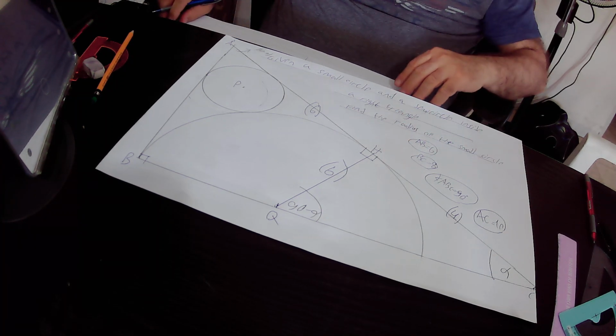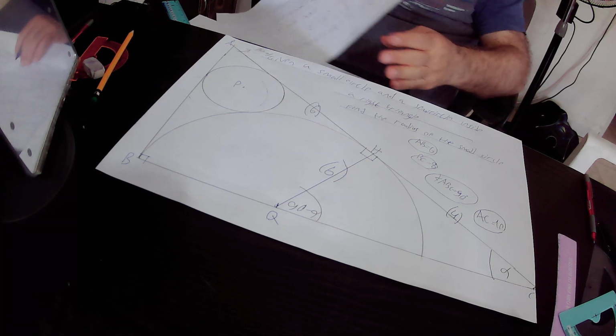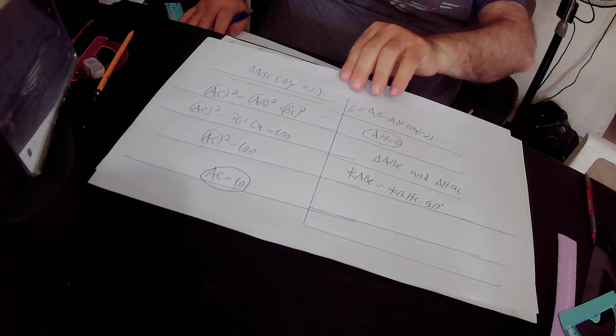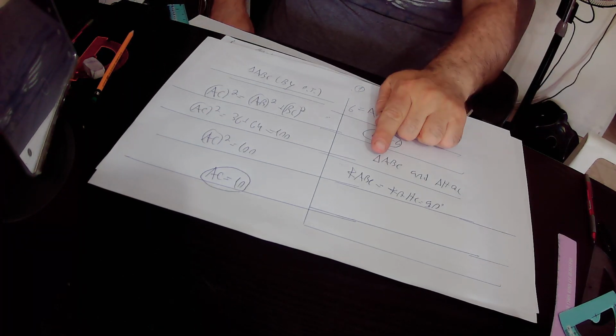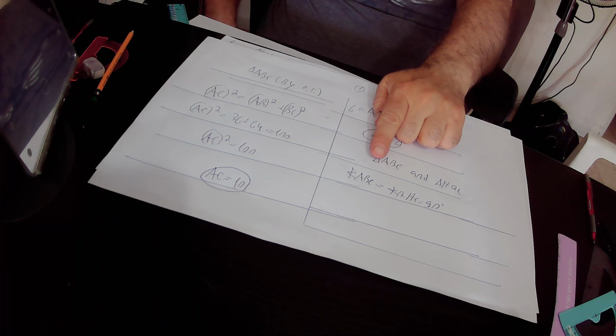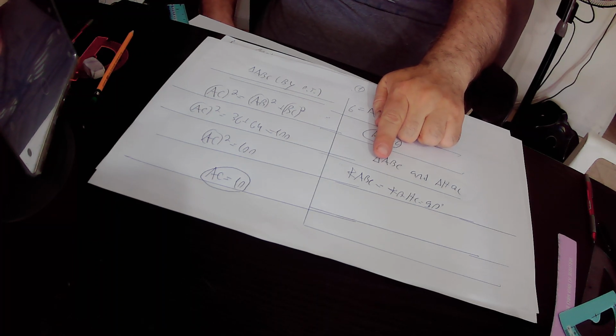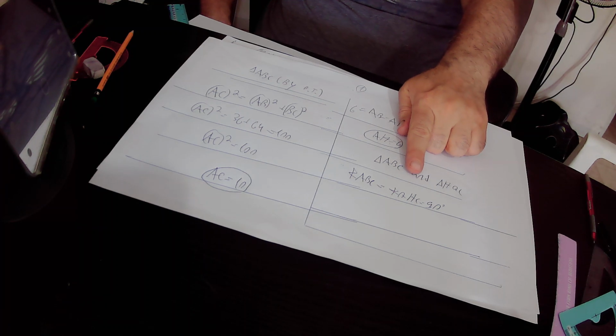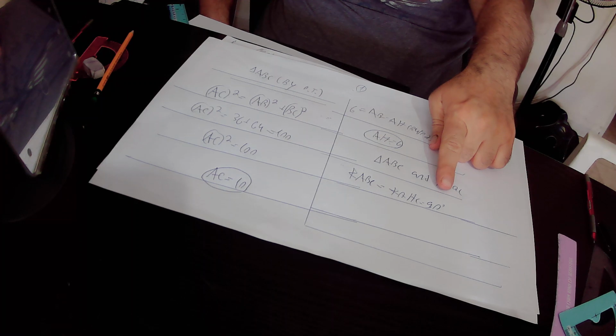So repeat again. Angle ABC in the big right triangle ABC equals angle QHC in the small right triangle HQC. They are both equal to 90 degrees, therefore they are equal to each other.